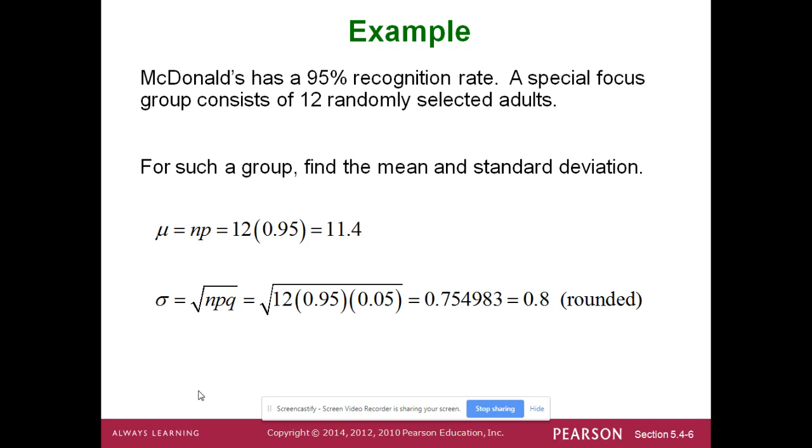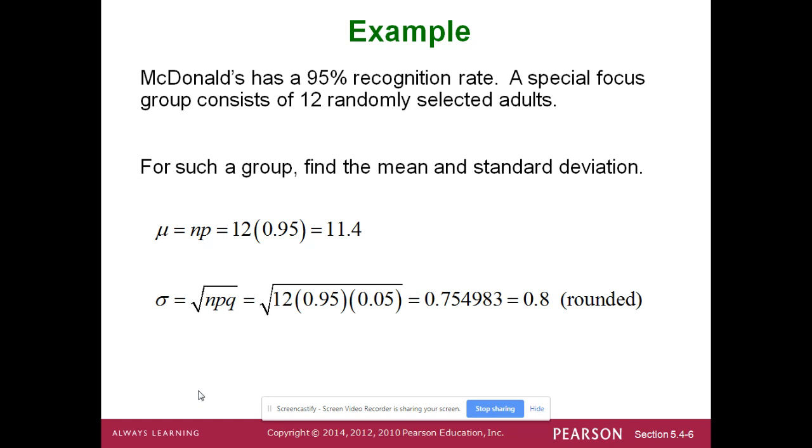Our standard deviation is the square root of the variance, so npq: 0.95 for p, the probability of success, 0.05 for probability of failure, still 12 people. Multiply those together, and our standard deviation is 0.8, rounded to one decimal place.